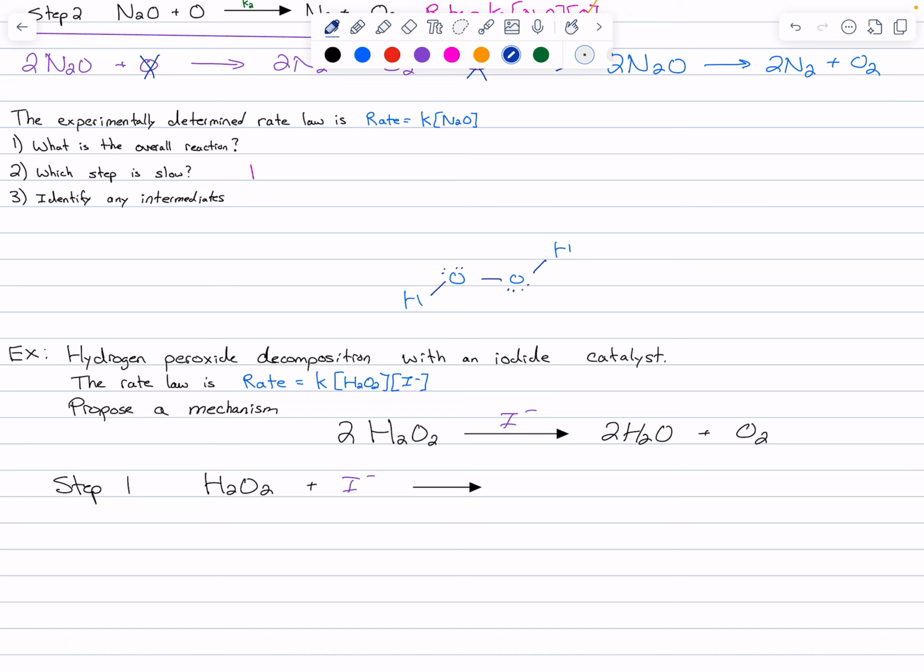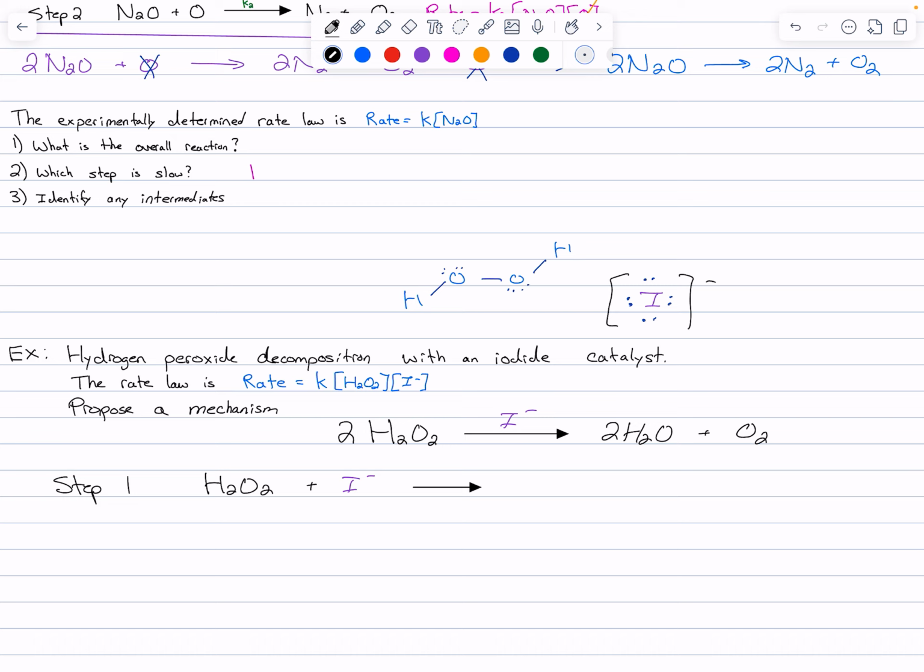Probably not, because I minus here really has all its electrons. Iodine can actually gain an atom, but oxygen can't gain any more electrons, and hydrogen is not going to.